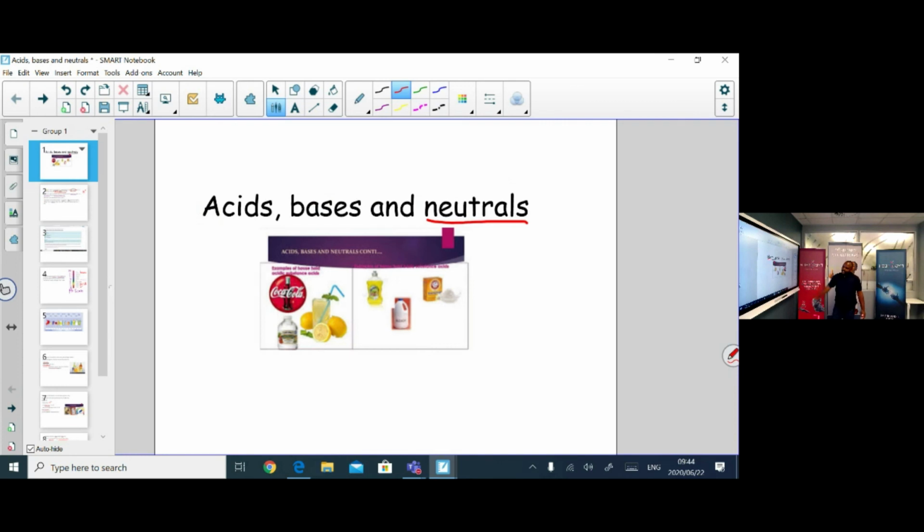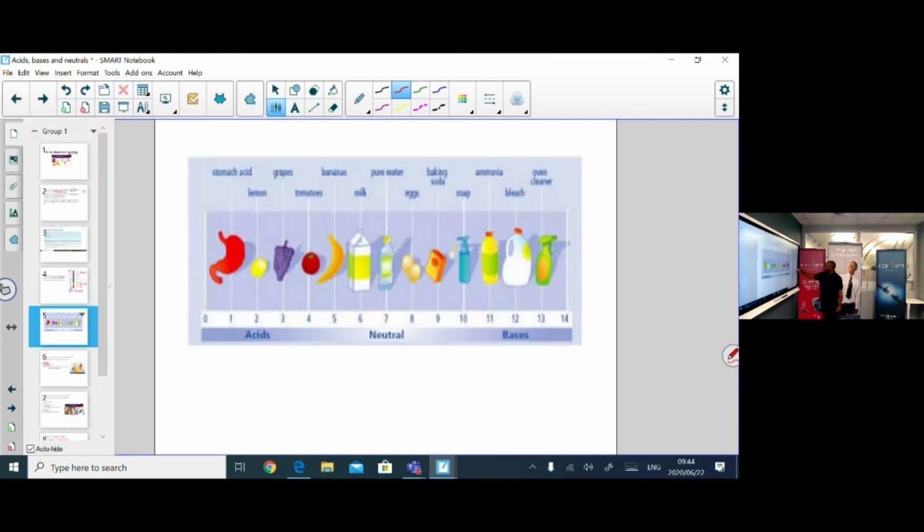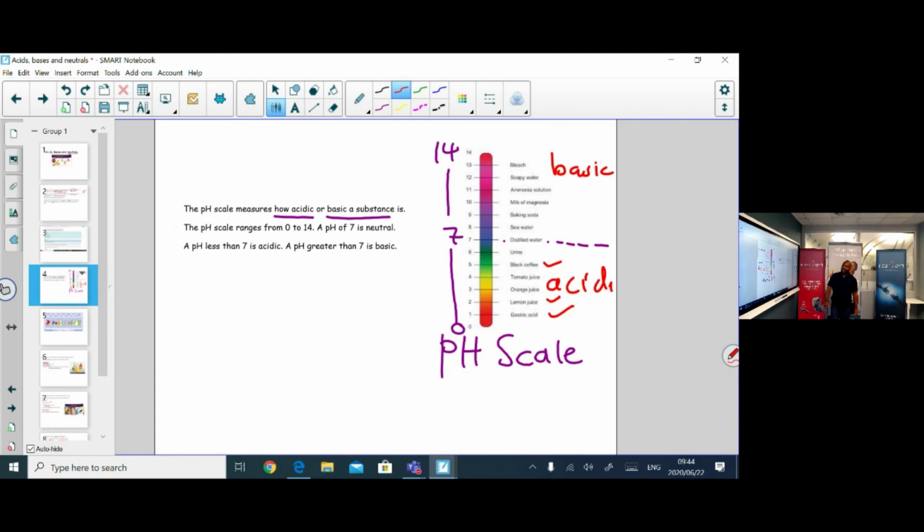So to wrap up: acids, bases, alkalis, types of foods or examples. The litmus paper gives us, by use of color, the type of substance that the food falls under. Is it an acid food or substance, or is it a basic one?